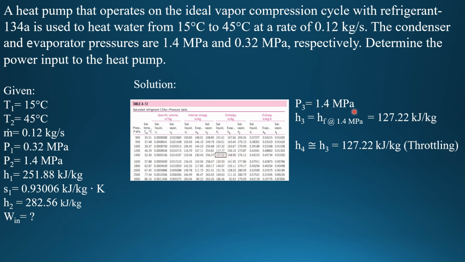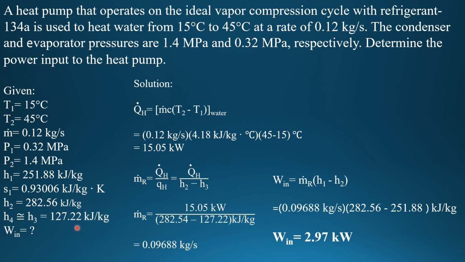That 1.4 megapascal is also equal to 1,400 kilopascal. Since state 3 to 4 is adiabatic, it is a throttling process, so the enthalpy in this process is constant. We have h3 that is also equal to our specific enthalpy at state 4, that is 127.22 kilojoules per kilogram.